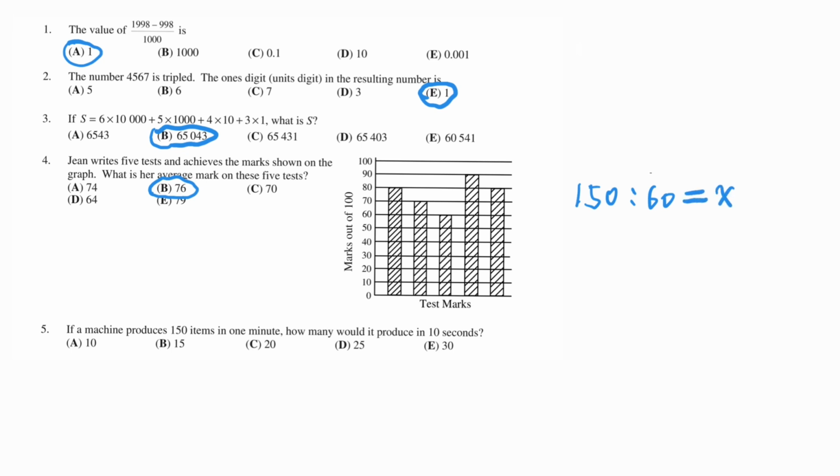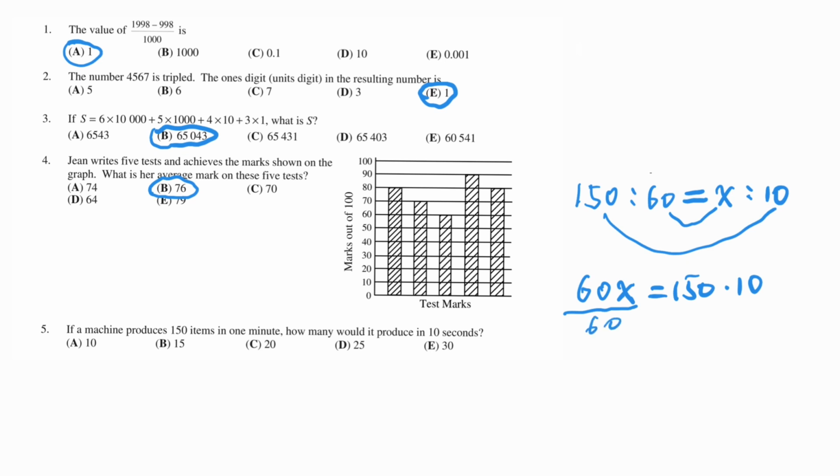So equal to x in the 10 seconds. That's the ratio problem. So inside times inside, outside times outside, they are equal. Gives us 60x equals 150 times 10. Equation, both sides divided by 60 to isolate x.